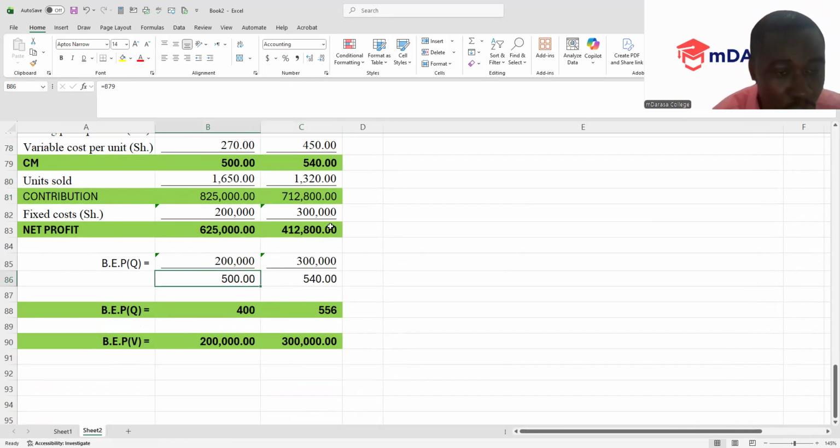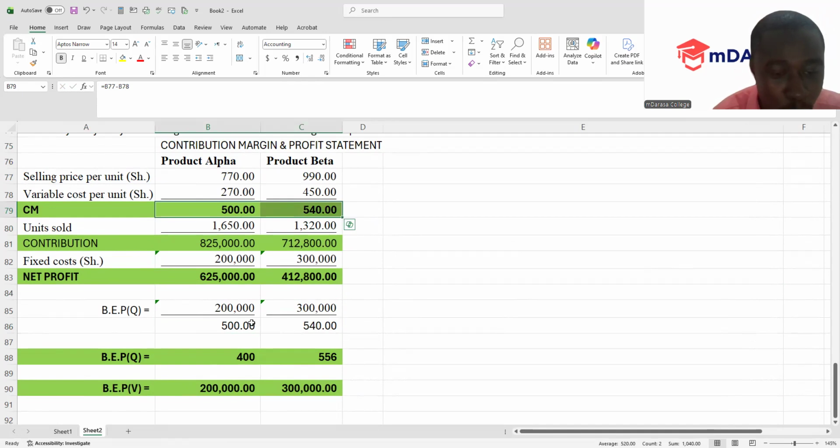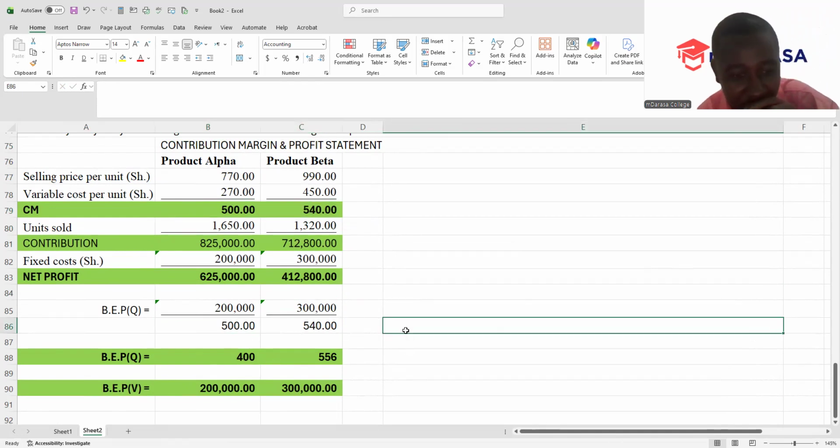So we have our new contribution margin. And this is what you should be having, yeah? That's why it is always very good to be keen. Good thing is that we realize it early, right? So this is what we were required to prepare.